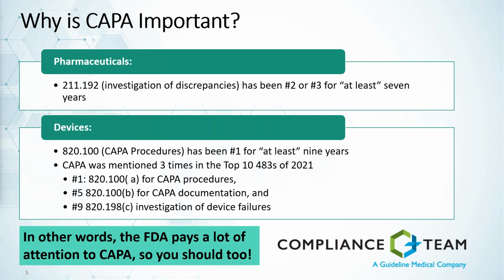The top things are CAPA procedures, CAPA documentation, and investigation of device failures. And I'm sure that those things are going to be very similar in the pharmaceutical area. How are you documenting your procedures, whether the CAPAs are done on time, whether they're thorough or not.